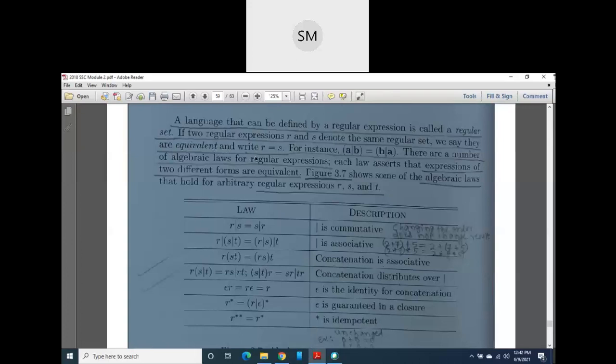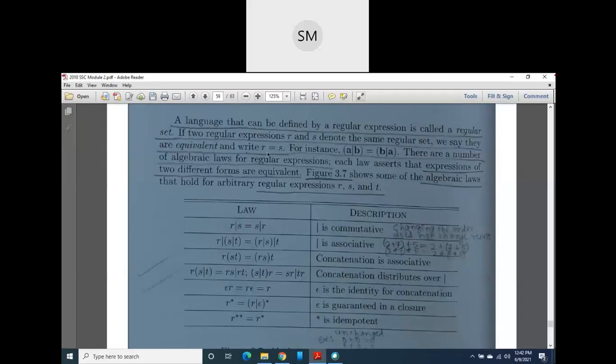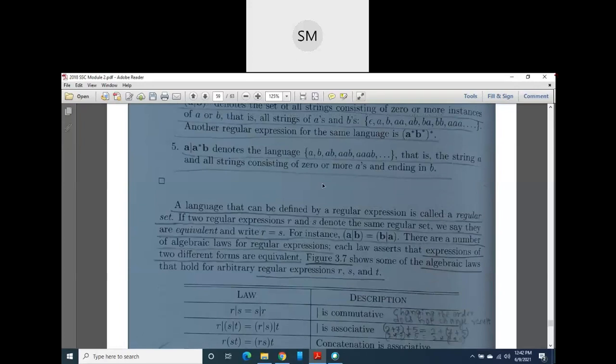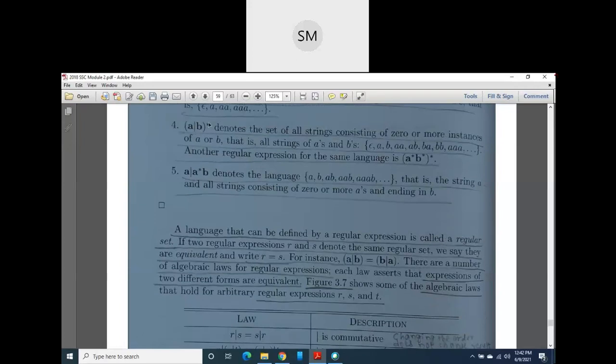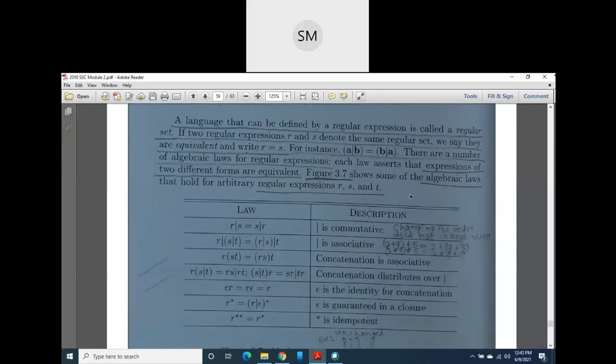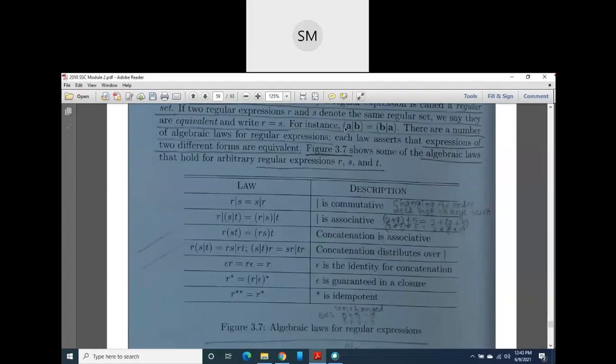Then we can write R equal to S. So here also you can write (A union B) star equal to (A star B star) whole star, because both of them are denoting the same language, okay? Because of that, A union B is equivalent to B union A, okay? Similarly, there are many algebraic laws for our regular expressions also, okay? Because I think you have seen such expressions or formulas in your algebra.